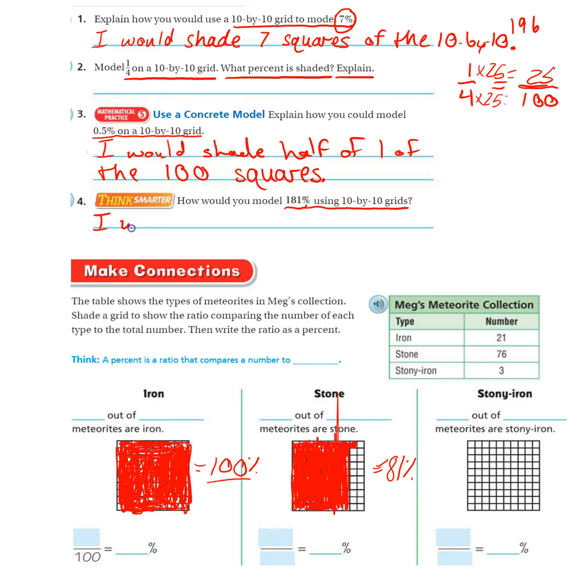So I would make two 10 by 10 grids, and two 10 by 10 grids would be 200 squares, and shade 181 squares.